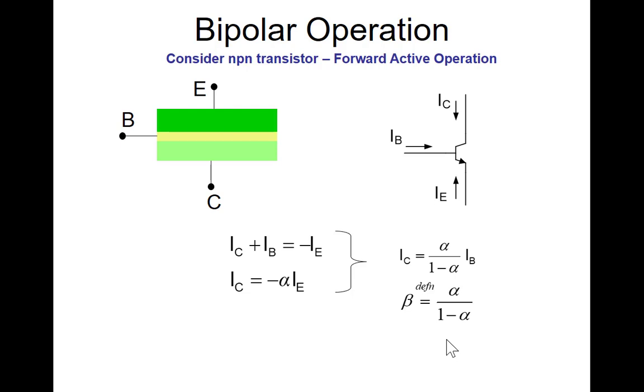If alpha is close to 1, the denominator is small, so beta is pretty large for a good transistor. So we can say the collector current is equal to beta times the base current. So what am I thinking of here? I'm modeling the device. I can look at models for any two of those three currents. I'm thinking now of modeling the collector current and the base current.